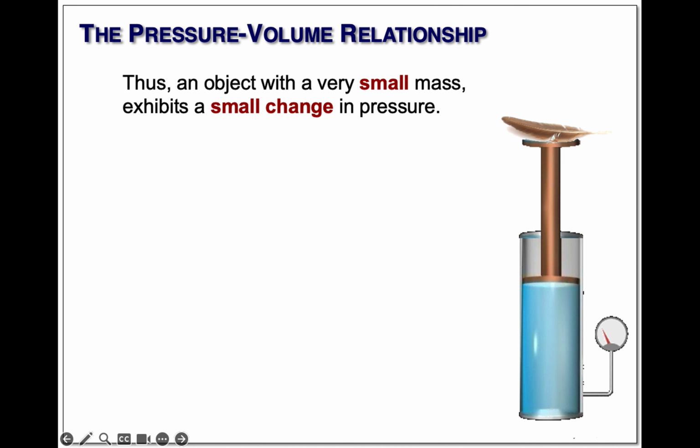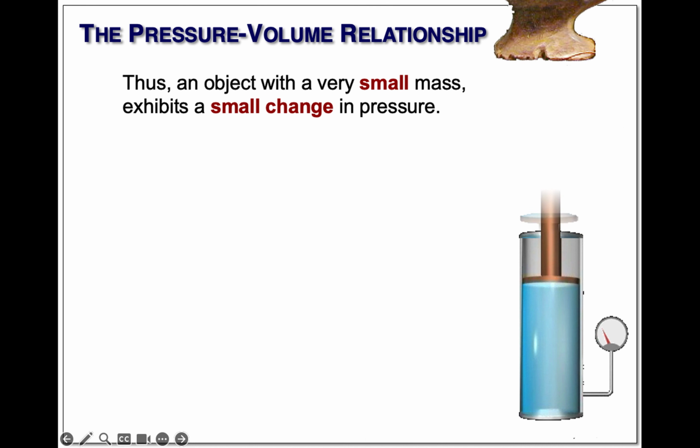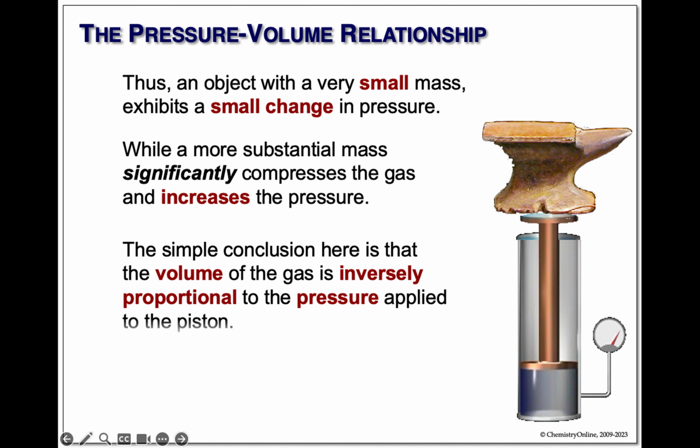But if we increase the pressure by doing something like dropping an anvil on it, we have a small volume now and a high pressure. That's the inverse relationship. Small pressure, large volume, large pressure, small volume.